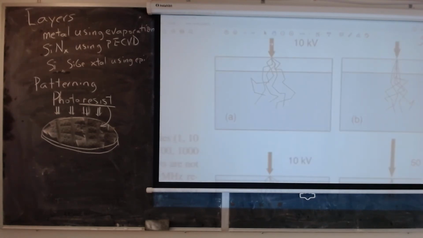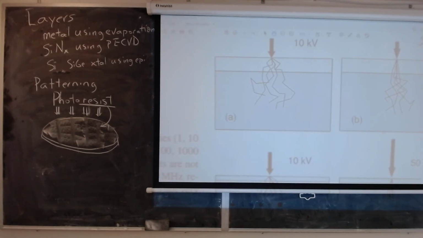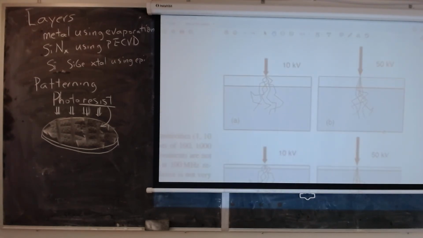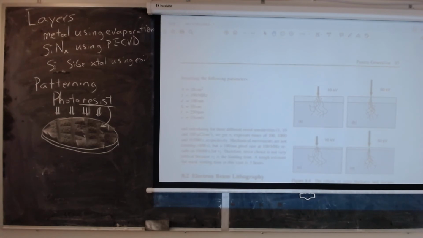Here's your electron beam, and here's your photoresist. If this were positive resist, where that beam went, you would be getting this trench after you do your development. Now, why is E-beam important? Well, it's important because using an electron beam, you can make very fine features.